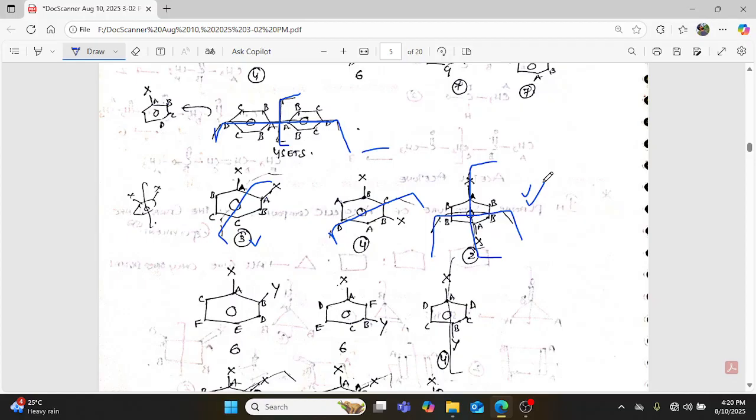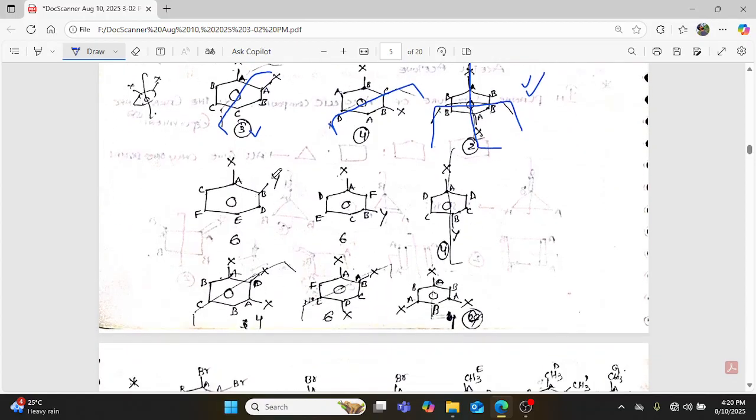In the examination, people will ask you for non-equivalent sets of protons. Identify the non-equivalent sets of protons. That is very, very important. You need to identify. Okay. Next, if you have different substitution, no plane of symmetry, so all carbons are non-equivalent, 6. All carbons are non-equivalent, 6.